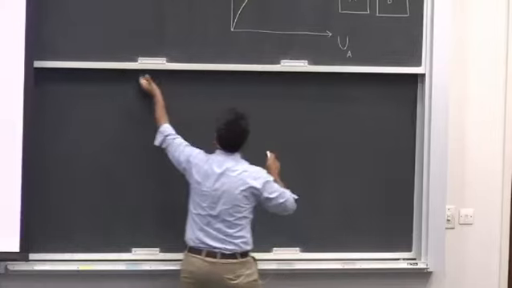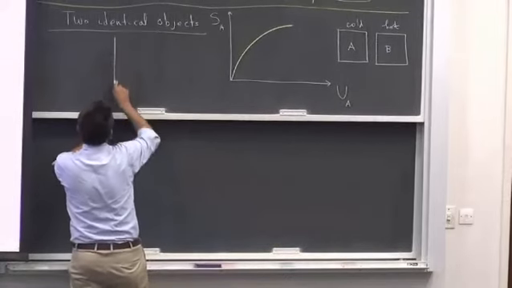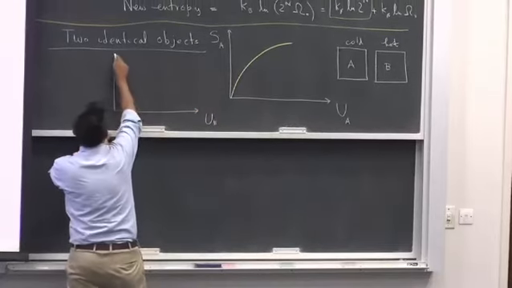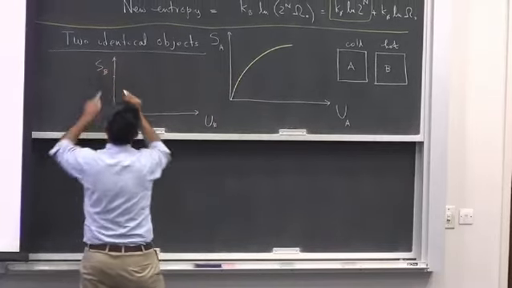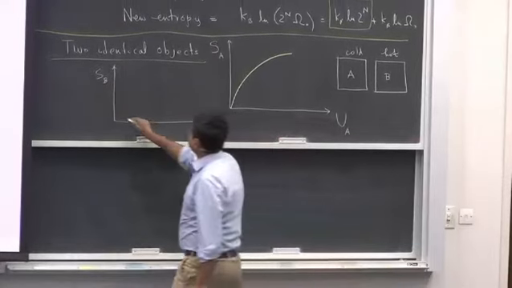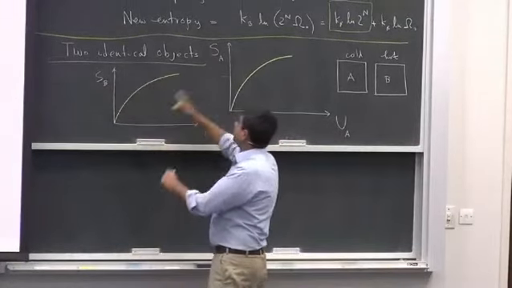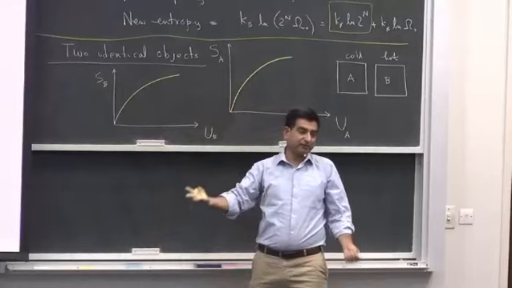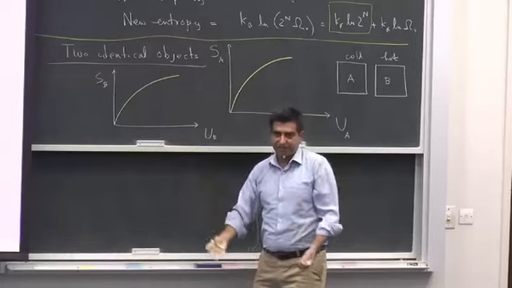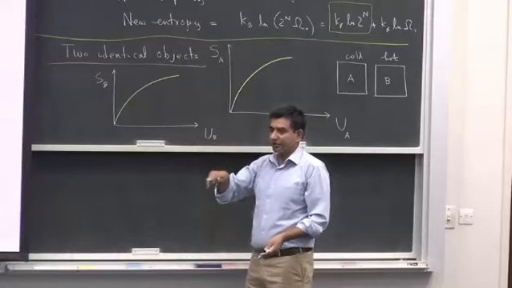So I can just plot the graph for B here as well. UB, SB. Now this is the entropy of B versus the energy in B. So this graph describes the behavior of this object. How does it behave? The higher the energy, the higher the entropy is. Now this is the energy inside the object.